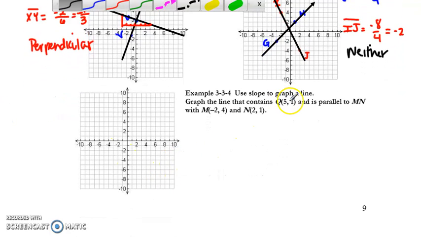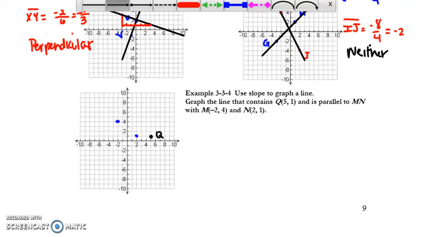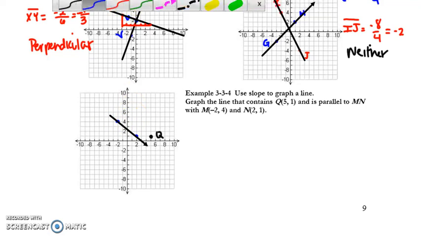All right, let's take a look at this last one. We're going to graph our line 5, 1, label it Q. And we want a line that contains that point that's going to be parallel to MN. Well, let's figure out what MN slope is, and then we can go ahead and use that point to go through it. So here we're going to go negative 2, 4, and then we're going to go 2, 1. So this line is going to have a slope, if we're counting here, 1, 2, 3, down 3, and over 1, 2, 3, 4.